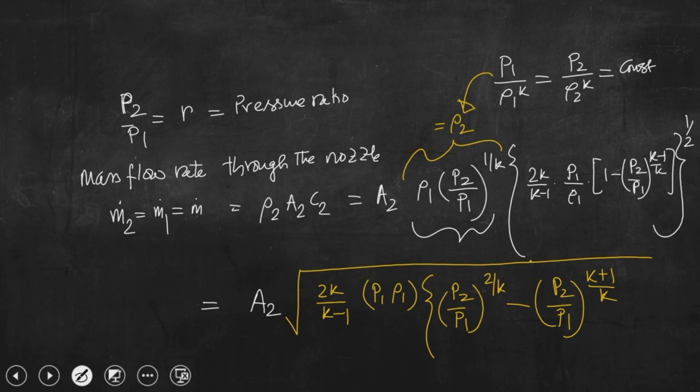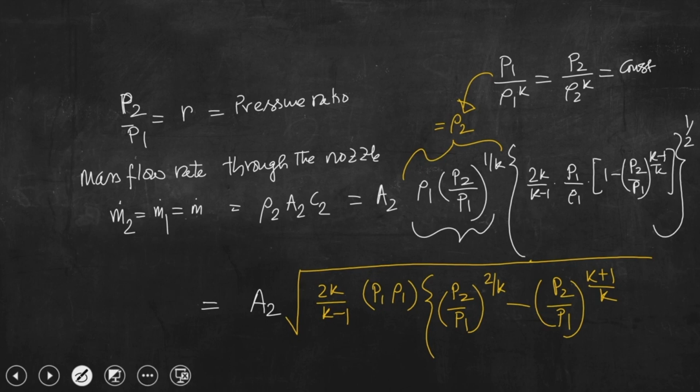Again we can see that for constant values of P1, rho 1 and k, the mass flow rate upstream is also dependent on the pressure ratio P2 by P1. And now we should try to find out the critical value of P2 by P1 for which the velocity would be maximum, which in turn will give the maximum mass flow rate upstream at the exit of the nozzle.